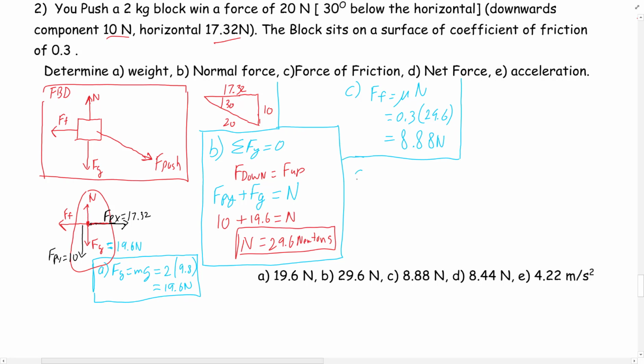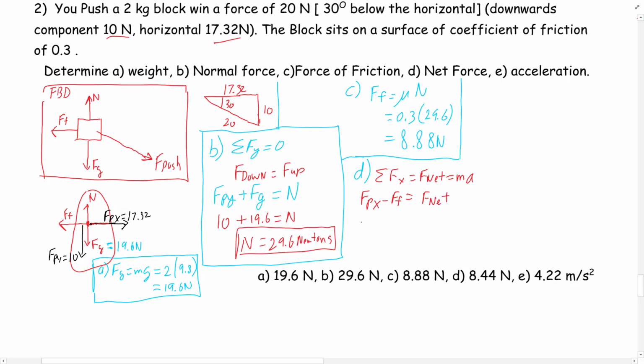And then the net force, D, is going to change quite a bit too. Let's go back to red. The sum of the forces in the X has to equal F net, which equals MA. That means the force of push in the X minus the force of friction is equal to the F net.